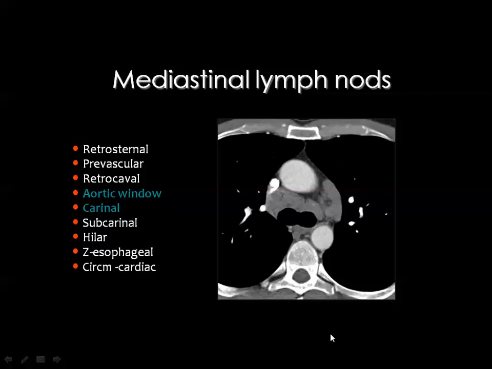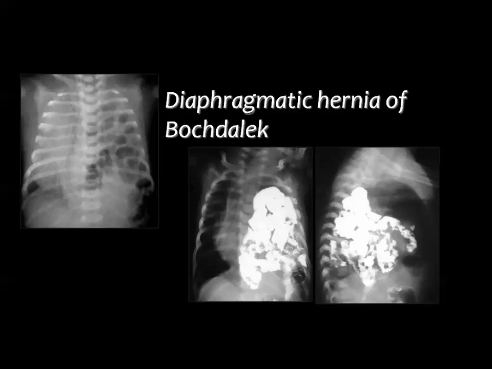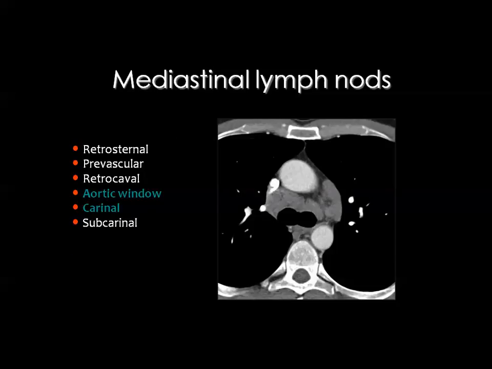Then you have an idea about the mediastinal lymph nodes. We have discussed these nodes in the sector of anatomy, and we may just remind you by the appearance of mediastinal lymph nodes. You know that we have 9 groups of mediastinal nodes, and these are located in the retrosternal area.